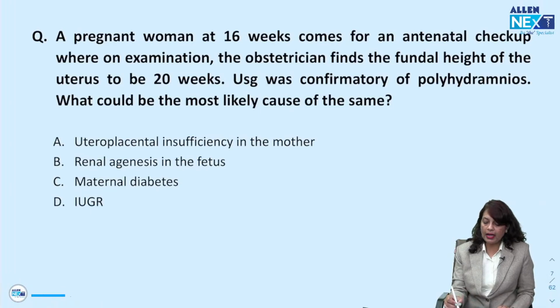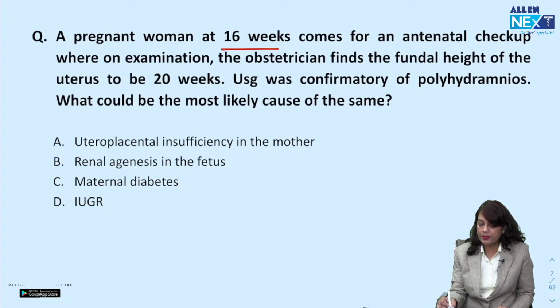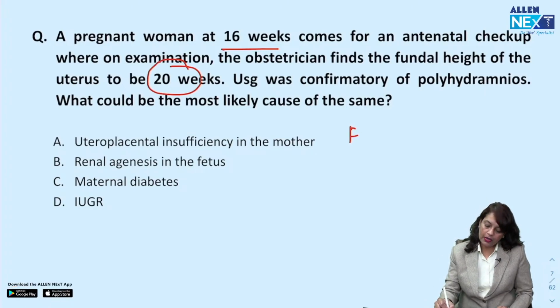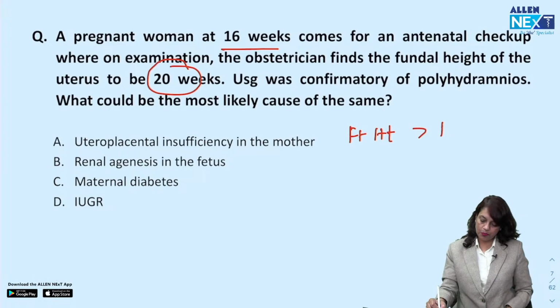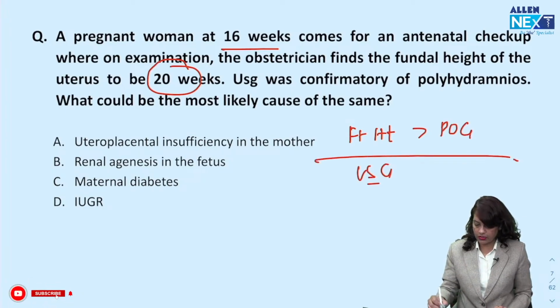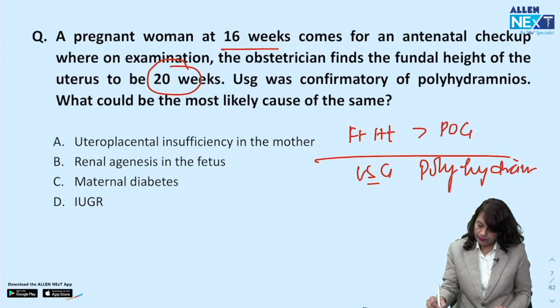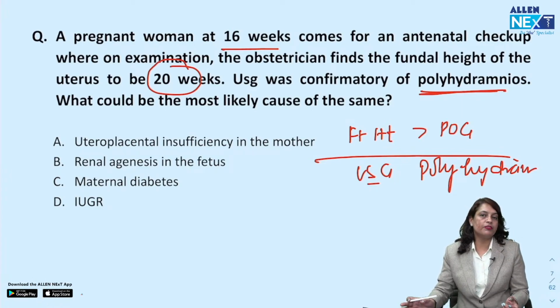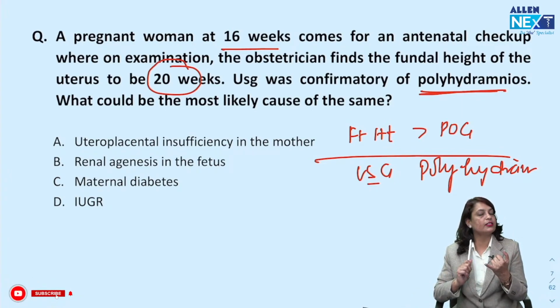A pregnant woman at 16 weeks comes for an antenatal checkup, where on examination the obstetrician finds the fundal height of the uterus is 20. That means the fundal height is more than the period of gestation, and ultrasound was done and it showed polyhydramnios. So when the fundal height is more than the period of gestation, the first differential diagnosis is wrong dates.